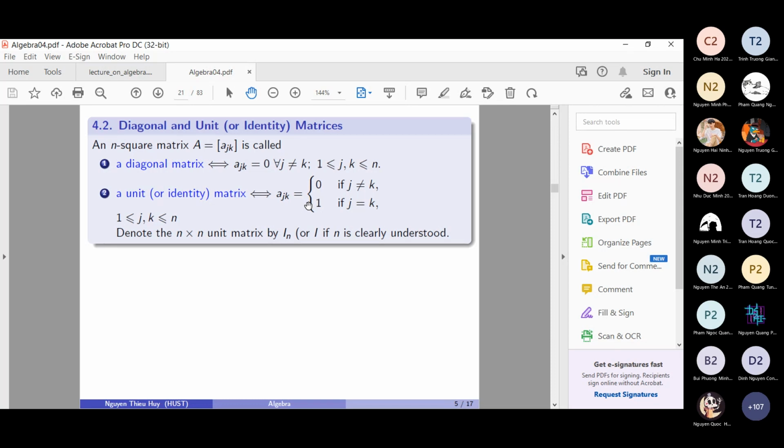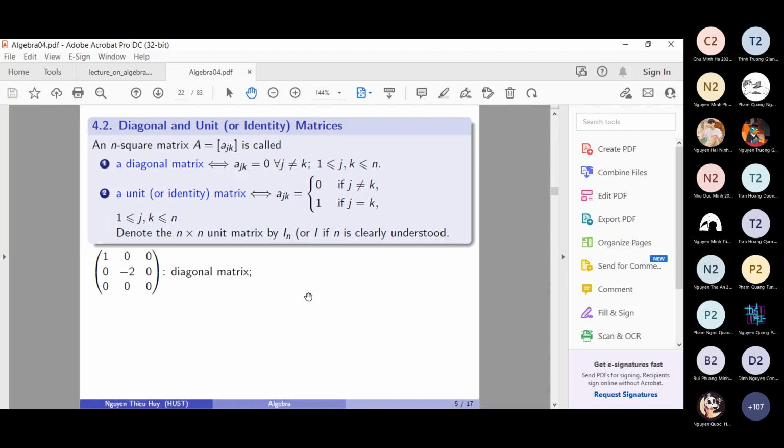So this means that a unit matrix or identity matrix is simply a diagonal matrix, and on the main diagonal all the entries are 1 here. So outside the diagonal the entries are all 0, and on the main diagonal the entries are all 1. We denote the n by n unit or identity matrix by I sub n, or simply by I if n is clearly understood.